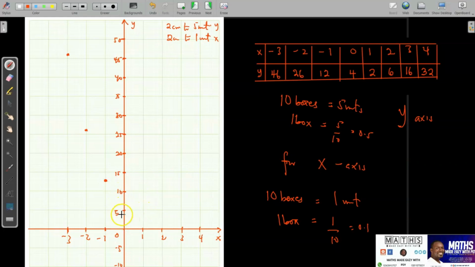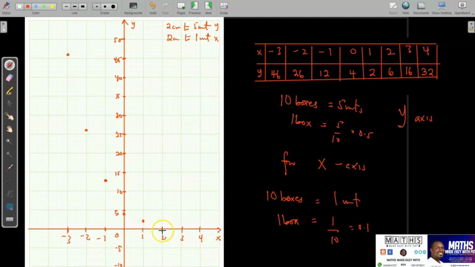Then we have 0 going with 4, which is somewhere here. And then 1 going with 2, which is 4 boxes from there. So we have it somewhere here.